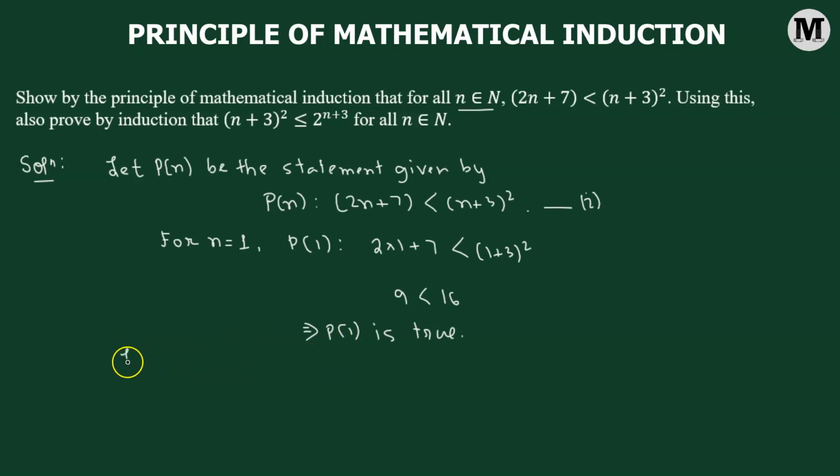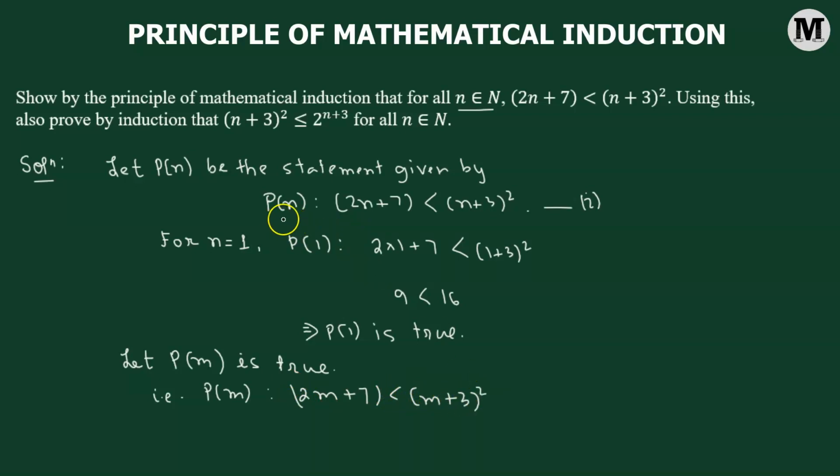So here we're going to suppose that P of m, where m is a natural number, is true. What is the statement P of m? P of m is simply 2m plus 7 is less than (m plus 3) whole square.